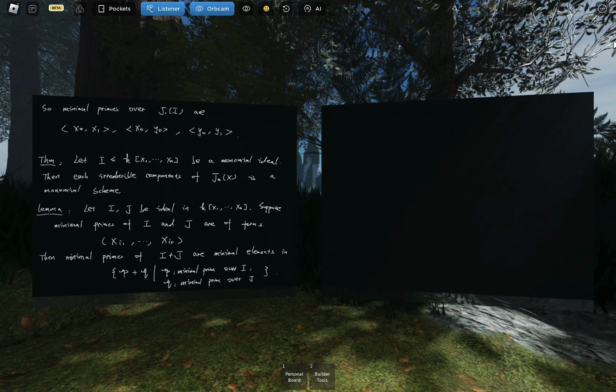If you try to prove this, you will see it's not hard. So this lemma tells us that we can just focus on the hypersurface.